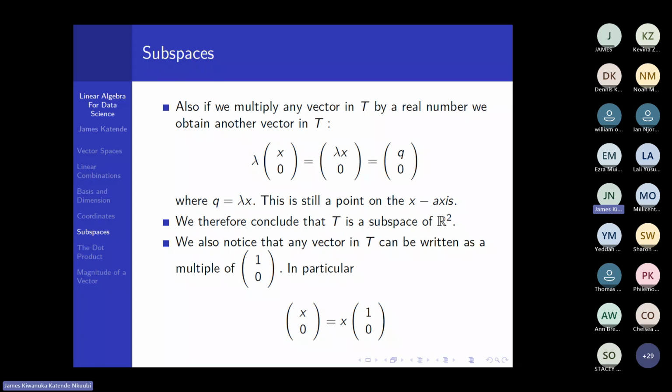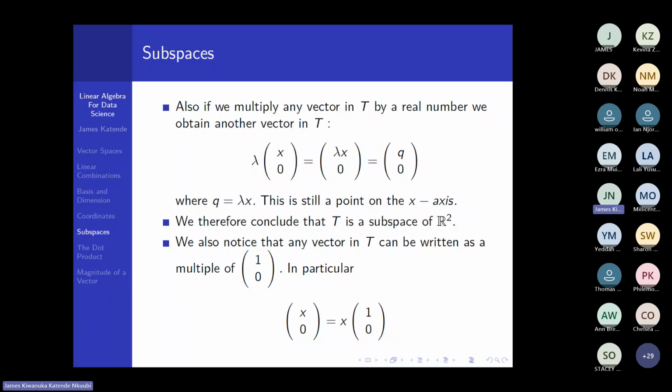There's one more thing we can observe. You can represent any vector in this set along the x-axis as a multiple of the vector (1, 0). In particular, if the vector is (x, 0), then it's just x multiplied by (1, 0).